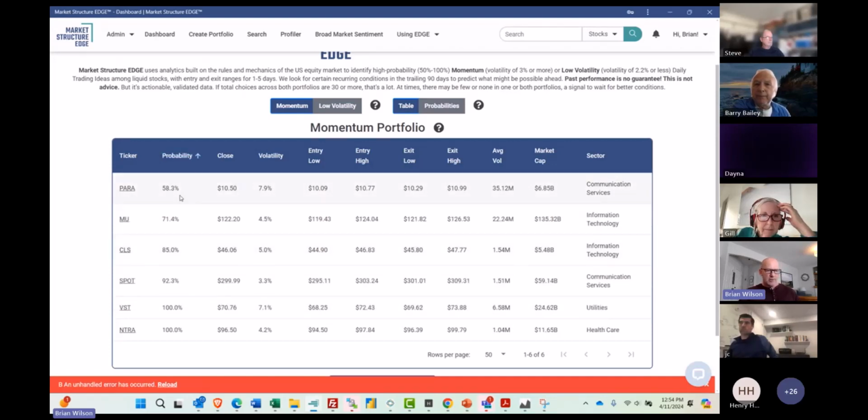I actually like to do it low to high, but for me personally, I'll pick off the ones that are close to about 90%. I included these for today on my watch list. It's just my preference. If you're doing names like Para, that's pretty much a coin flip. There's not as much chance of that working for you.